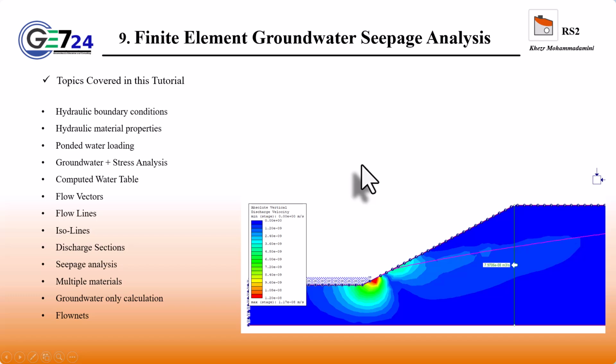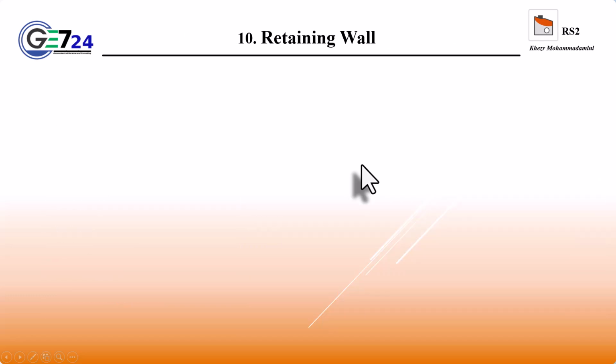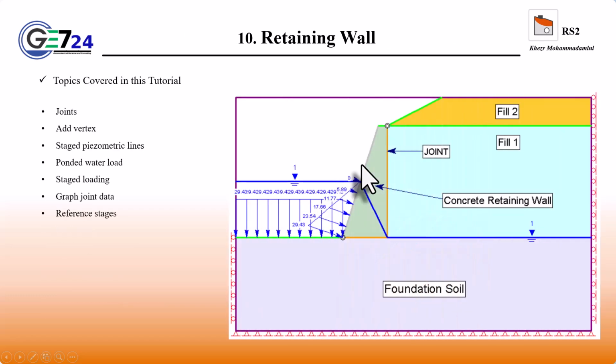So in chapter 10, we have an example for a retaining wall, and we design a retaining wall, and we have a tutorial. In this chapter, we have joints and interface between the retaining wall and the ground, or it means maybe backfill. It means fill one and fill two on any layer of material.